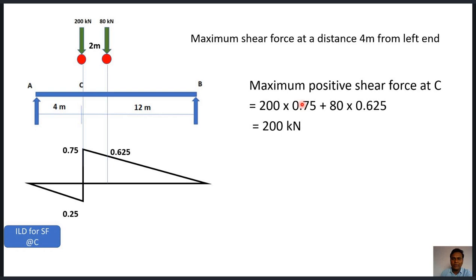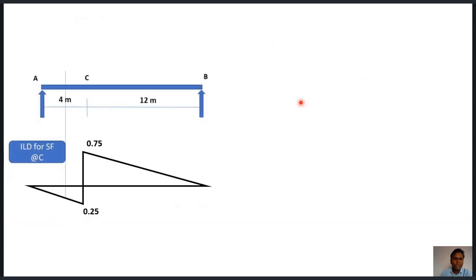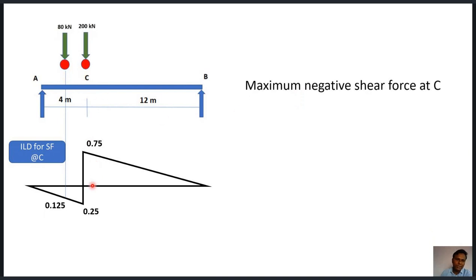Now let us discuss how to find out the maximum negative shear force. To find out the maximum negative shear force, again we need to place this 200 kilonewton at point C. But now here it is placed just left of point C. Hence we have to consider the respective ordinate for the 200 kilonewton as minus 0.25, and accordingly you can place this 80 kilonewton on the left hand side of this 200 kilonewton at a distance of 2 meter.